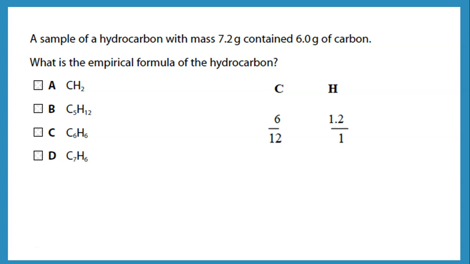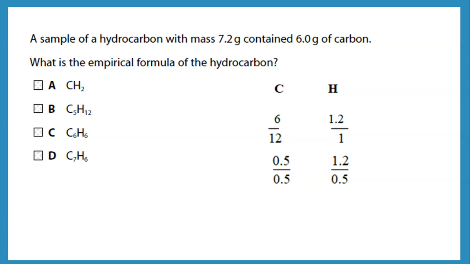So we're going to divide each of these by the mass number, the carbon by 12 and the hydrogen by 1. And the numbers that come out, I divide by the smallest because I'm trying to get the simplest ratio. So divide through by 0.5, that's the smaller of the 2 numbers.